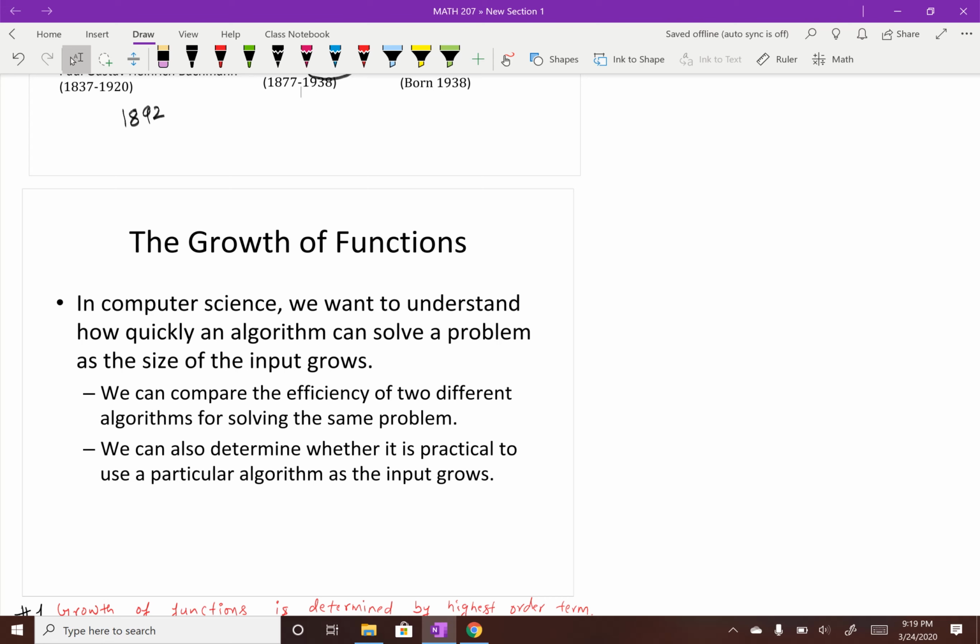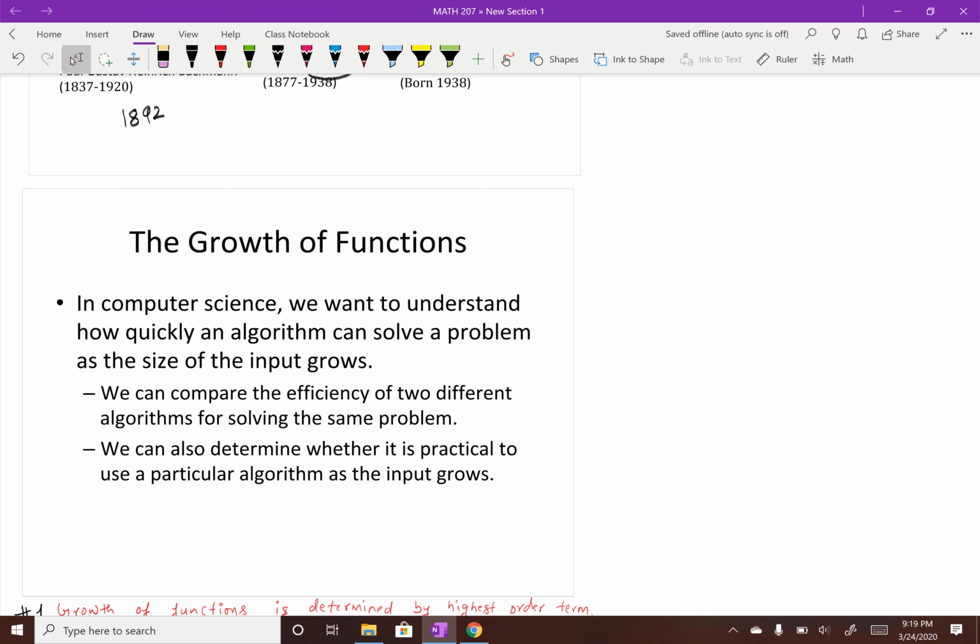These notations have a particular application in mathematics in the area of number theory and cryptography. But in computer science, if you want to understand how quickly an algorithm can solve a problem for a given input size, we can compare the efficiency of two different algorithms which are solving the same problem in deciding which one is the more efficient algorithm.